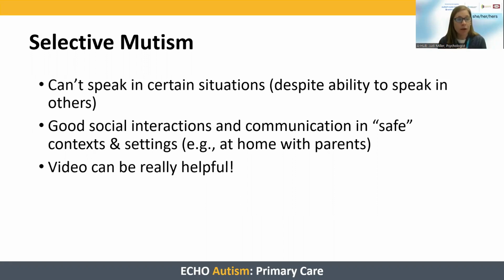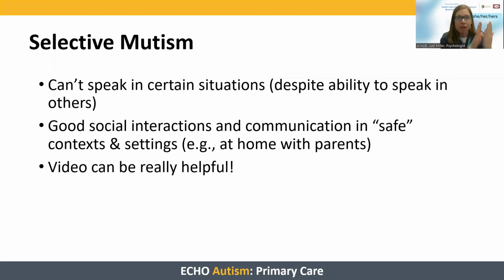So one of the ways that we try to tease this apart is if we have video of a kid who is talking at home and they're very chatty and very interactive and very comfortable, and then we see them in our clinic and they are very withdrawn and kind of frozen almost, not talking, and they seem very uninteractive.